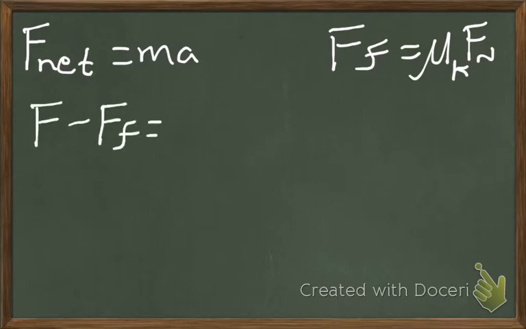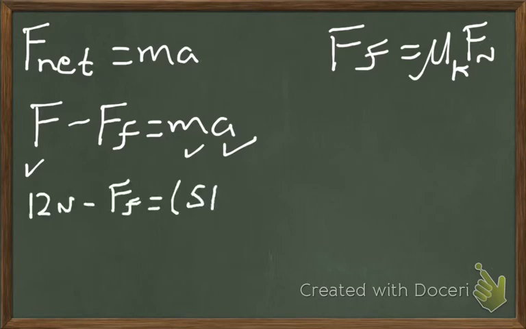So our net force is the force of my pull, F, was what I gave you, and then friction we don't know. But we know everything else in that equation. We know the mass, we know acceleration, we know the amount of pull. So I can plug everything in and solve it for the frictional force.